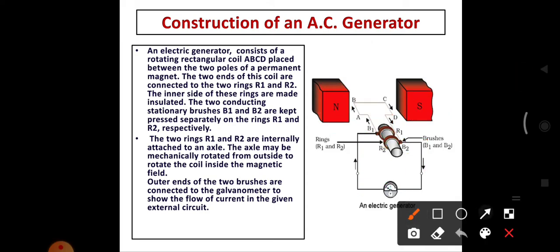So see, this is a rectangular coil placed in the magnetic field. The ends of the coil are connected to ring R1 and ring R2, which are internally insulated, and the axle is attached to R1 and R2.